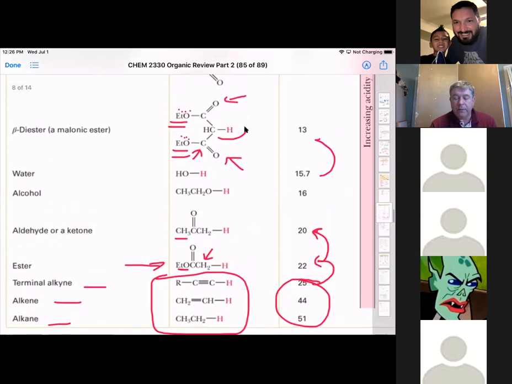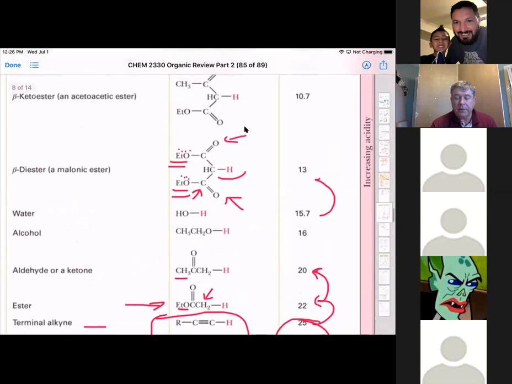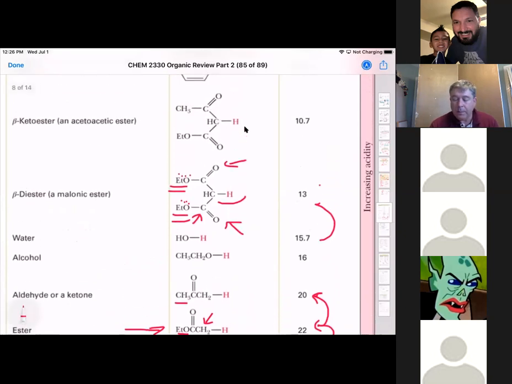Now, if we lose one of those esters and turn it into a ketone, we go up again. Notice only one of the esters has been replaced with a carbon. Therefore, some of those electrons from that oxygen are gone, and now this carbonyl is pulling harder than this carbonyl, and therefore our acidity increases.